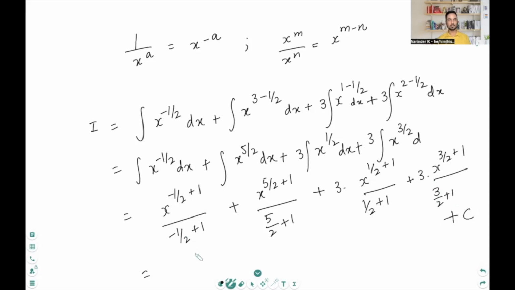Simplifying further, you will get 2 times x to the power half plus 2 over 7 times x to the power 7 over 2 plus 6 times x to the power 3 over 2 plus 6 over 5 x to the power 5 over 2 plus c.